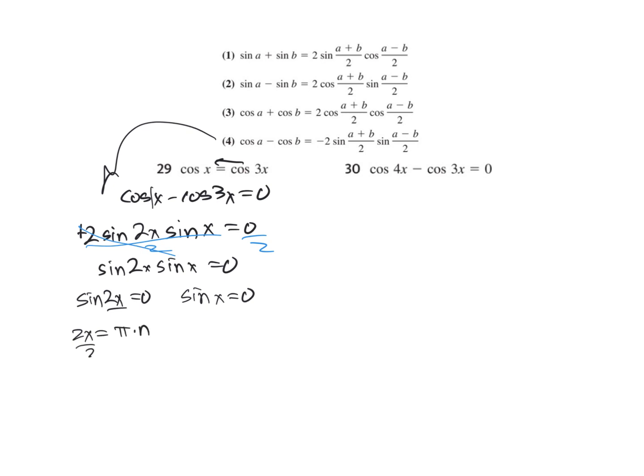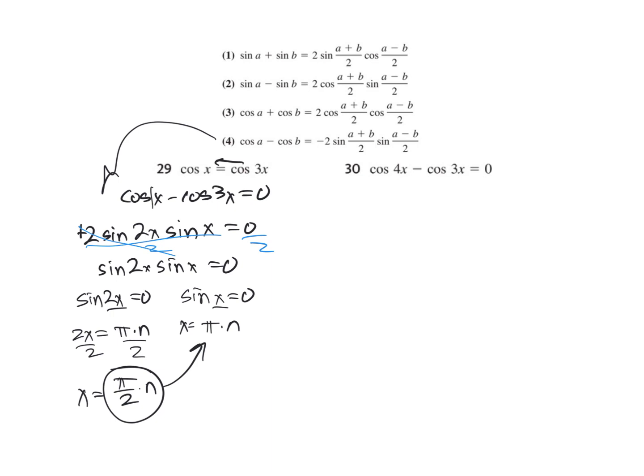Now we divide off the 2, and we get x equals pi over 2 times n. Now the next one, where does the sine of x equal 0? Again, at pi n, so x equals pi n. You have pi over 2 times n, which also includes pi n. So the real answer is just pi over 2 times n.